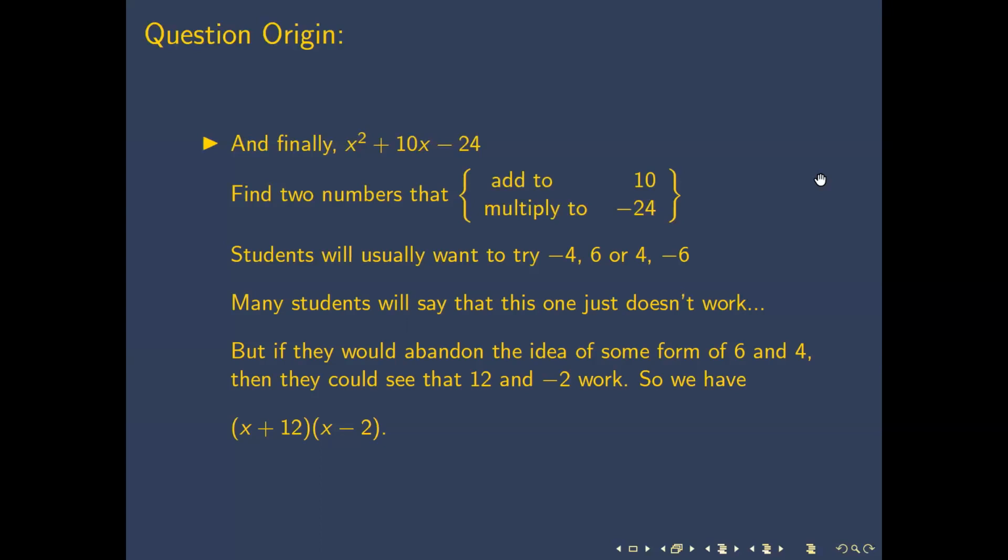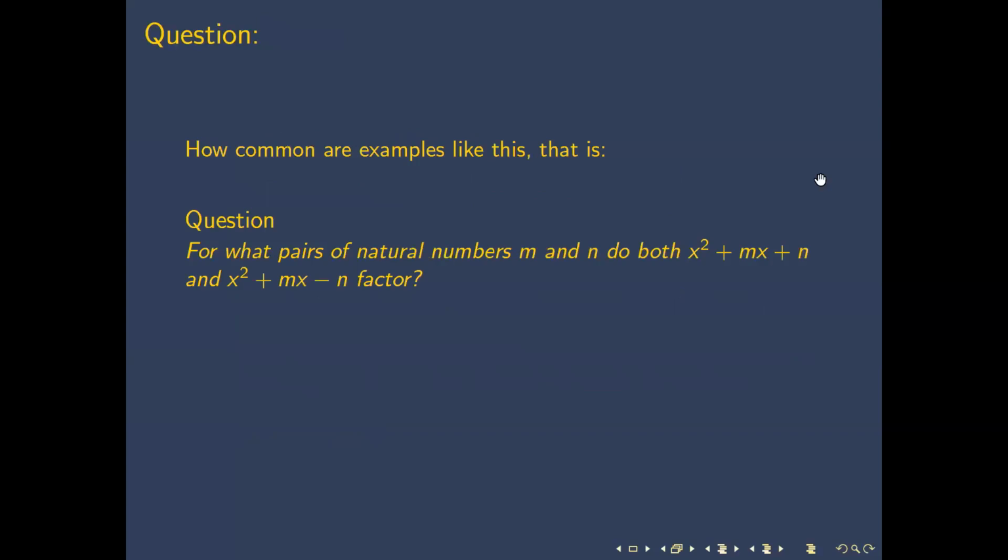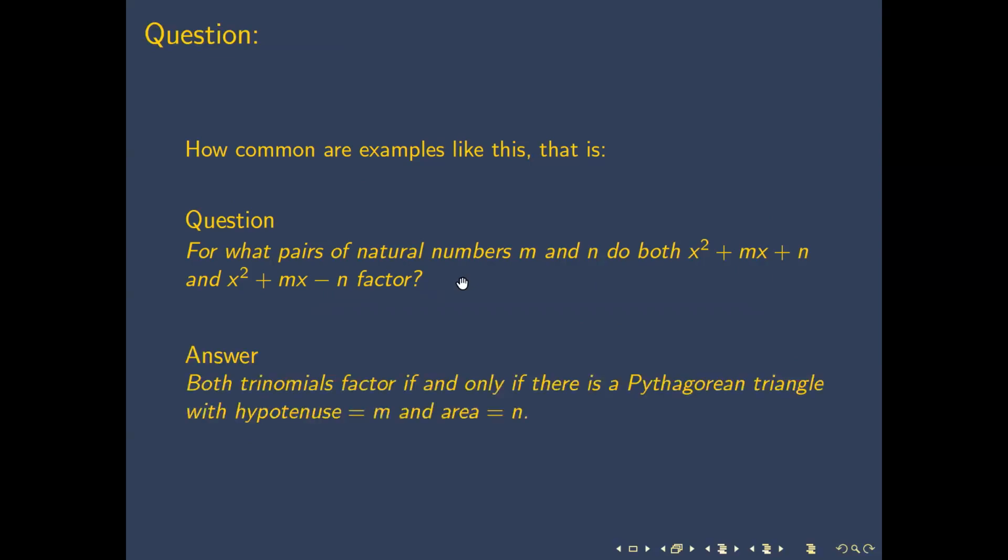Anyway, I got to wondering, how common are factoring problems like this? So how often do you have integers m and n where x squared plus mx plus n and x squared plus mx minus n both factor? And the answer winds up being very, very cute.